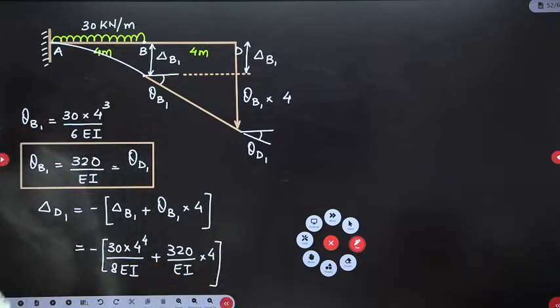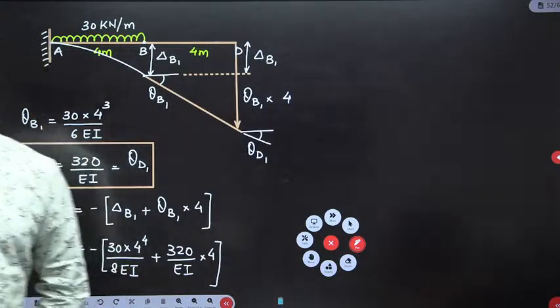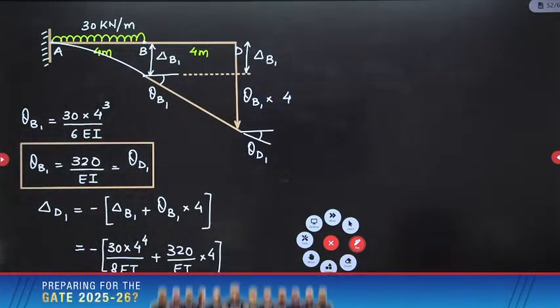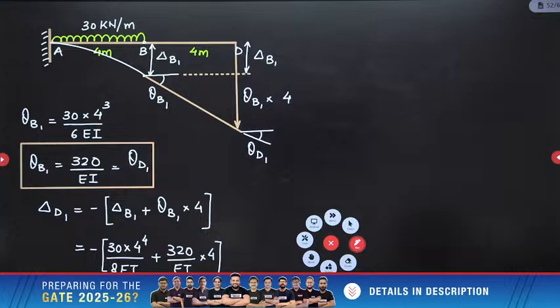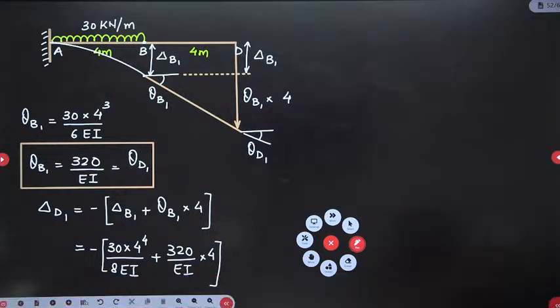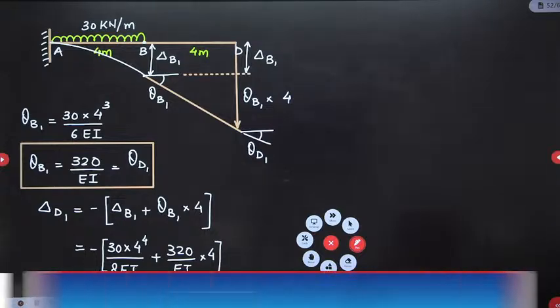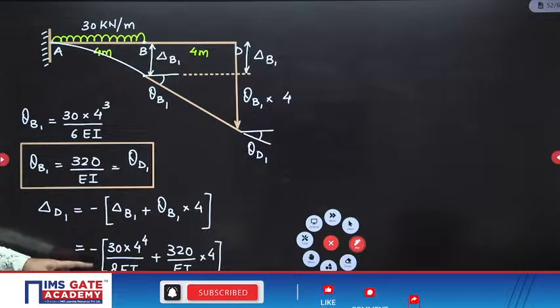Please tell me the value of delta D1. So this will be 960 by EI.